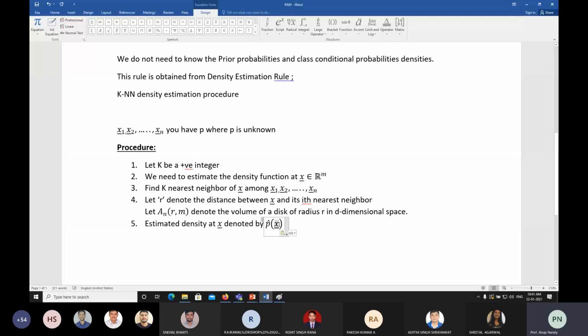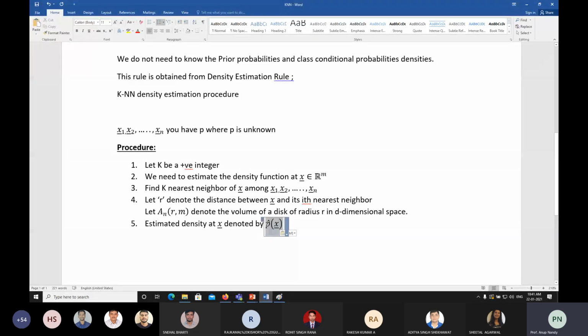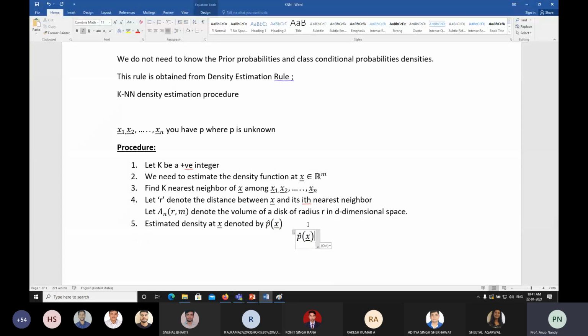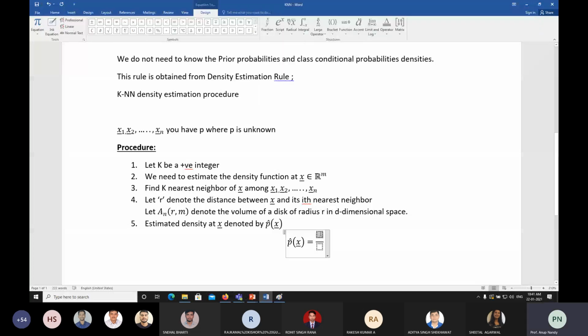Estimated density is p hat x, which can be defined by what formula? Can anyone tell me what I should write? What will be the estimated density at x denoted by p hat x? What should I write? Anyone? Sir, K divided by N into A.